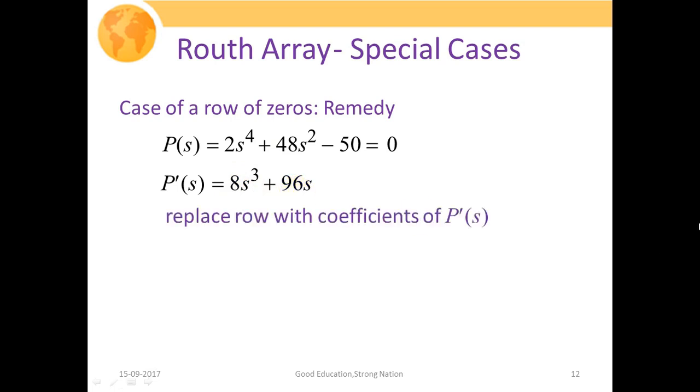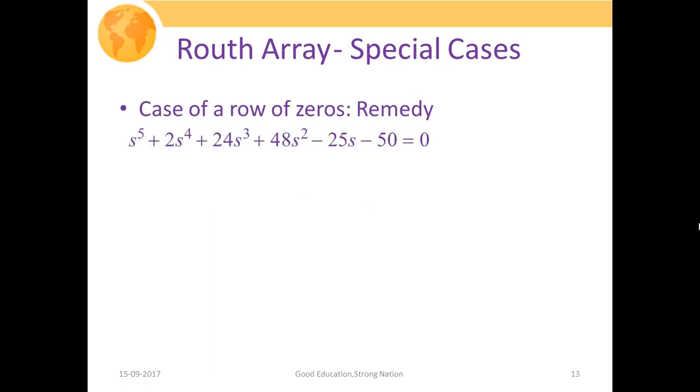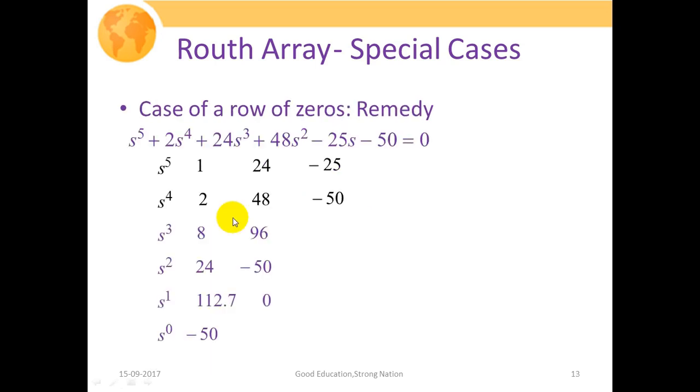We replace the row of zeros for the s cube coefficient with the coefficients of the auxiliary equation's derivative, that is 8 and 96, and then complete the Routh table with these.